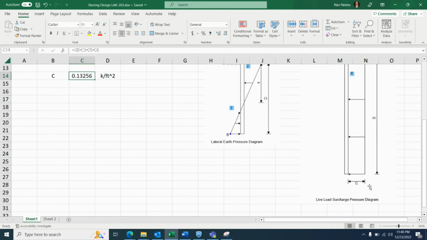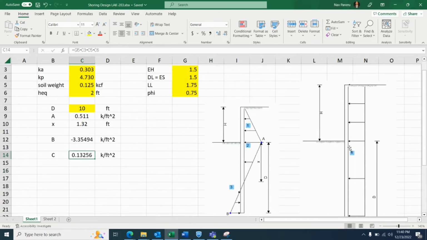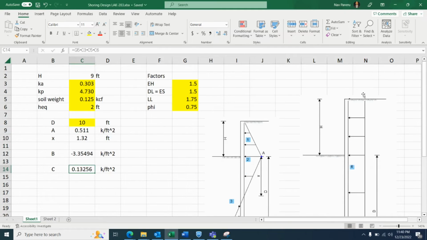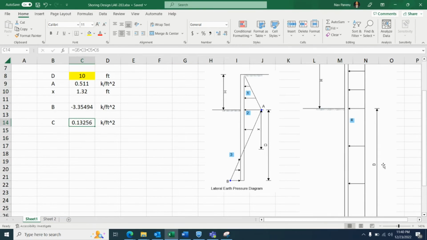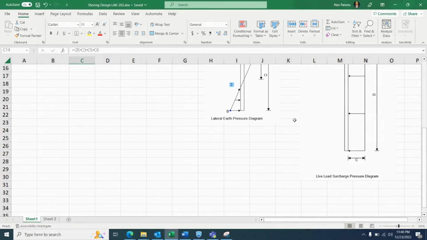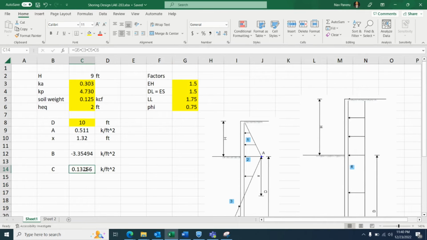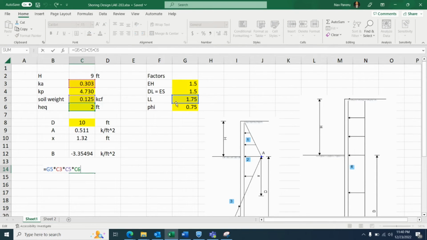And for C, we're looking at the live load surcharge pressure diagram. It's coming all the way from the top, so the total depth is D plus H. The factor for live load is 1.75, as we already discussed in AASHTO LRFD, and it will be multiplied by the Ka factor.